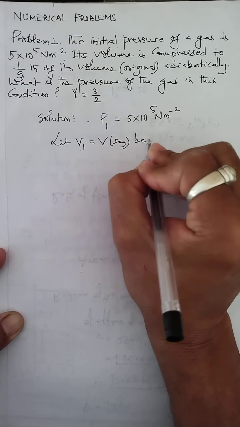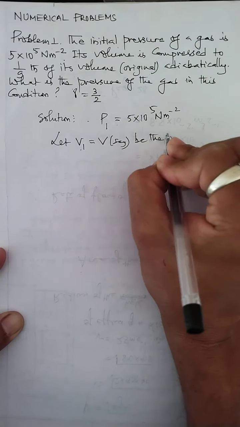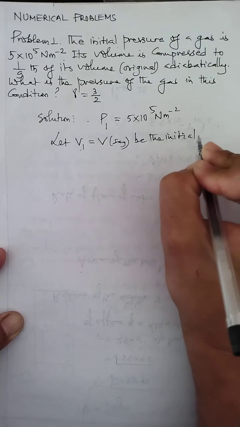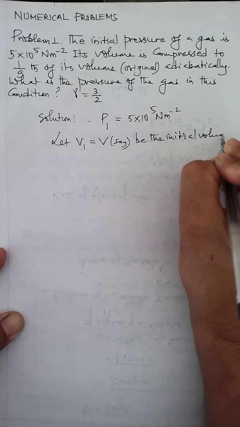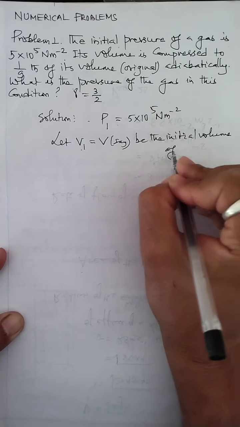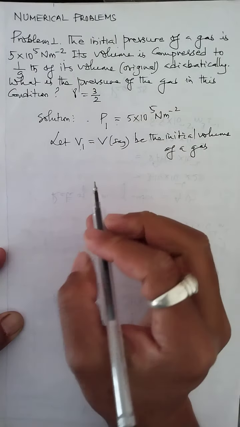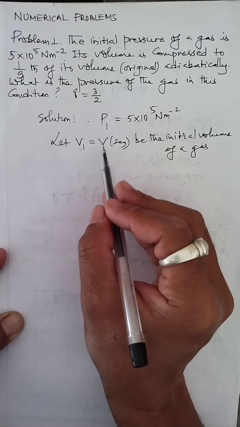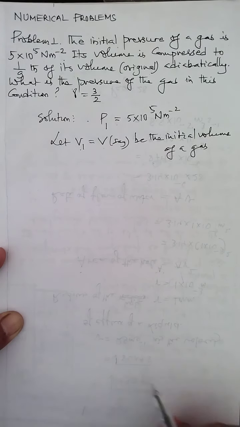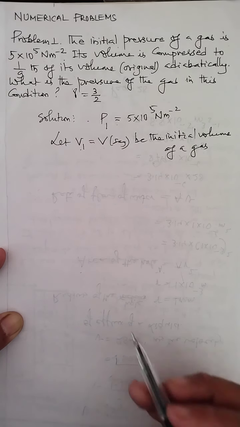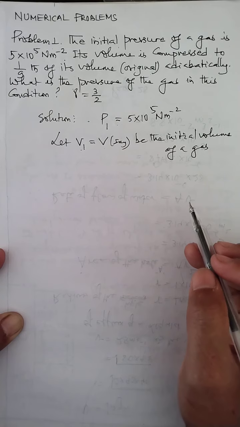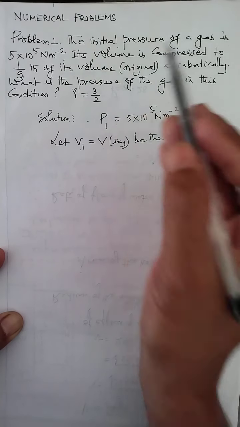This is the initial volume of the gas. But the question only says that the volume is compressed to 1/9 of its initial original value.